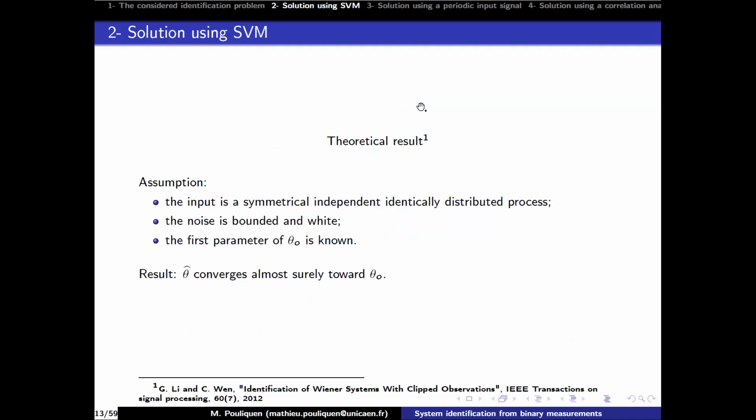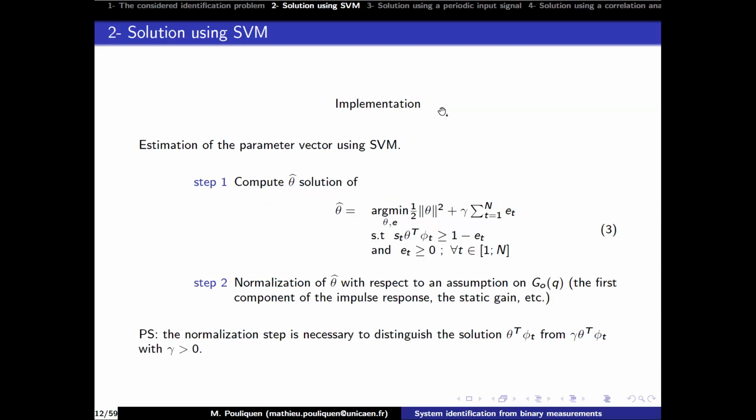Just a short theoretical point. It depends on the threshold then. When you see your pictures, the separation of both populations, I imagine it depends on the threshold. Yes. And the threshold is imposed by the sensor. Sometimes yes, sometimes you can choose it.